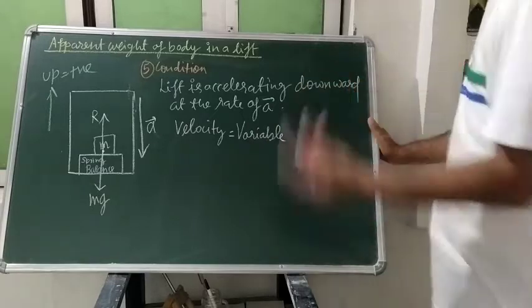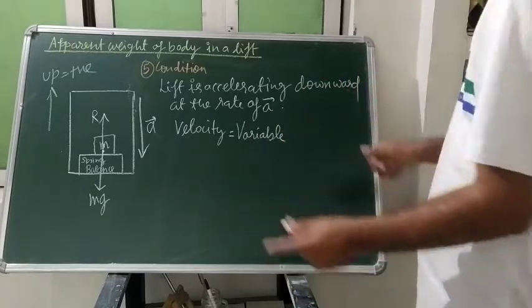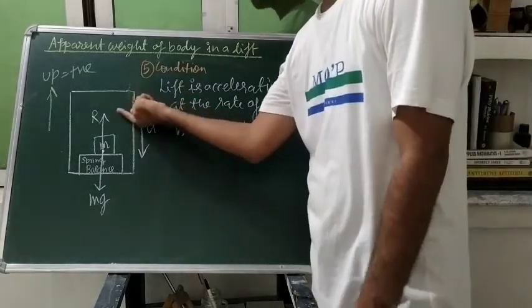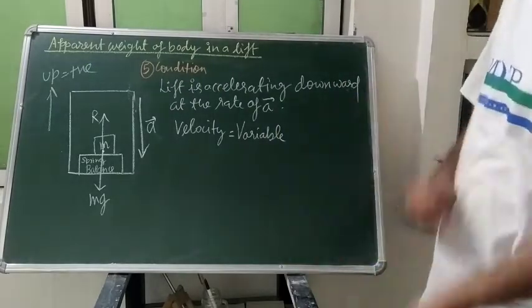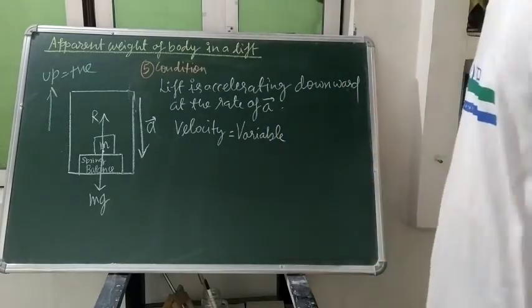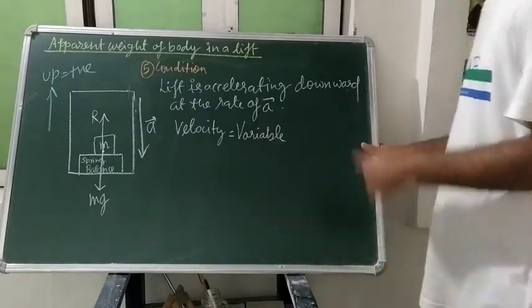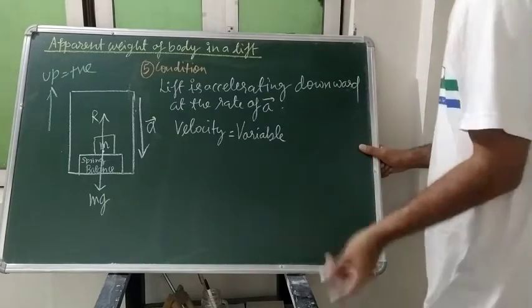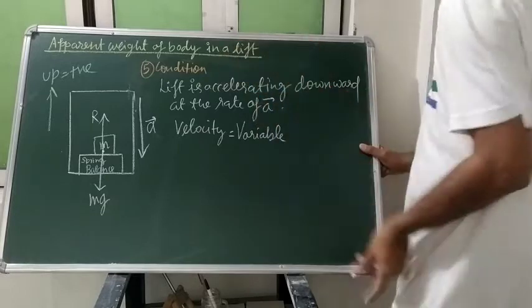Look, student, when the velocity is not variable, it is constant. So whether it is going up or down, by Newton's first law our apparent weight, the reaction, will be equal to the actual weight, which is nothing but the force due to gravity, m times g, when it is moving upward or downward with constant velocity. So the apparent weight will be equal to the actual weight.